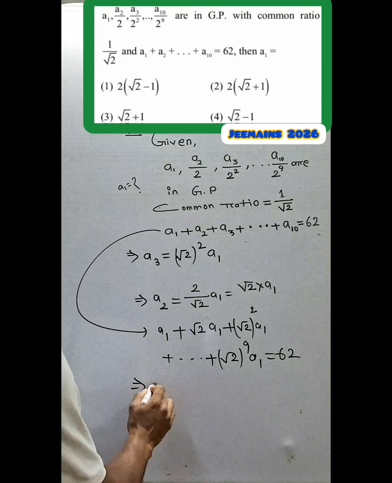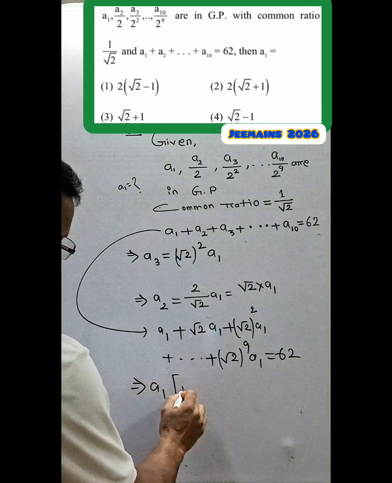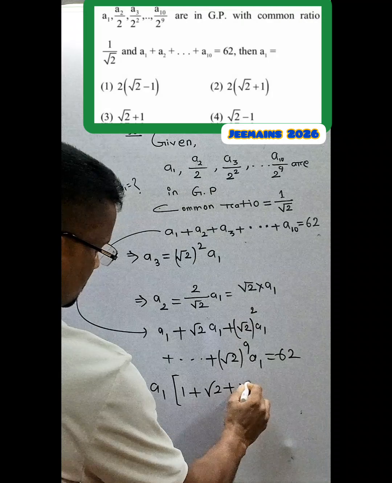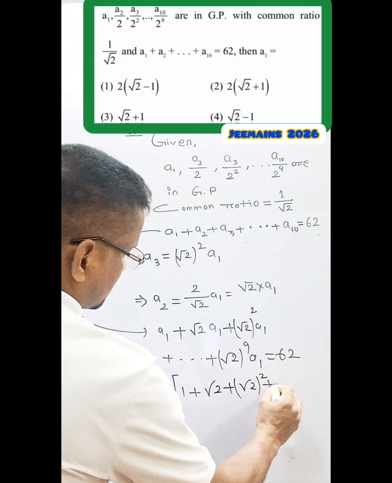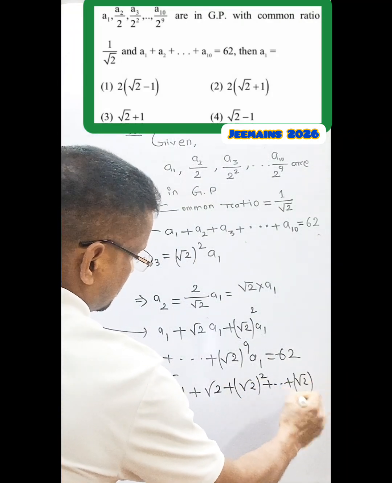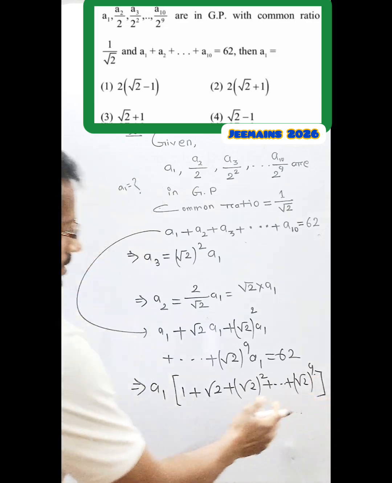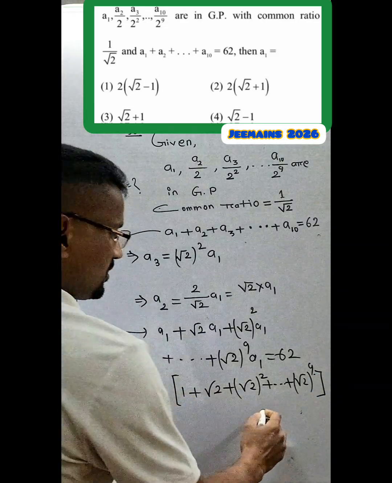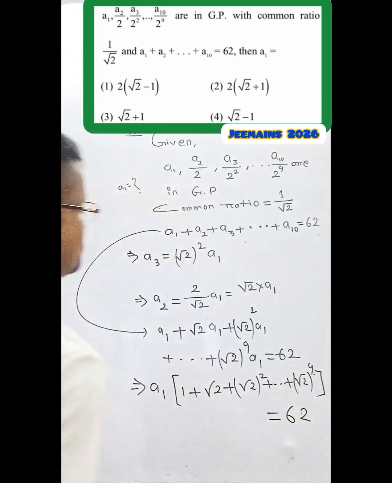Now A1 is common, within brackets 1 plus root 2 plus root 2 whole square plus so on plus root 2 whole to the power 9, equal to 62.